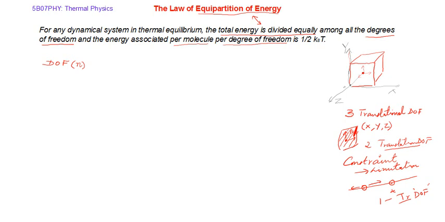So mathematically we will define the degree of freedom as the number of variables.